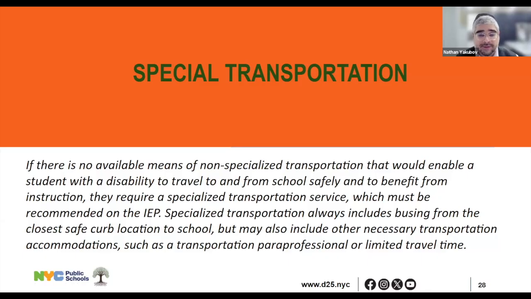Or is it due to their disability that they are unable to do that, and now we need to provide them with specialized transportation, which would be a bus from the closest safe curb location to school, but may also include other necessary transportation accommodations, such as maybe having a paraprofessional with them on the bus or limited travel time on the bus as well. Those are the types of things that we would consider when looking at specialized transportation.